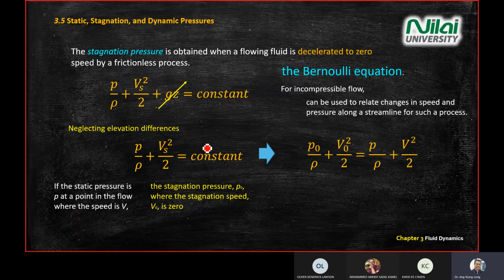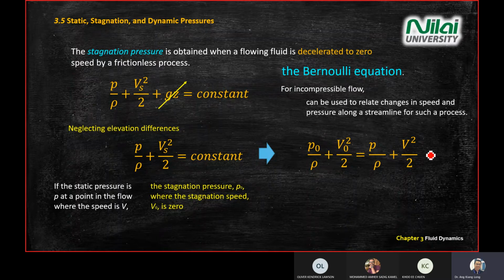So you know that with the Bernoulli equation, you are always comparing two points. One point on the left, one point on the right. So in this equation, we can write one side for the stagnation point, and one for the point that you want to measure. Okay. So we change the Bernoulli equation into this form.